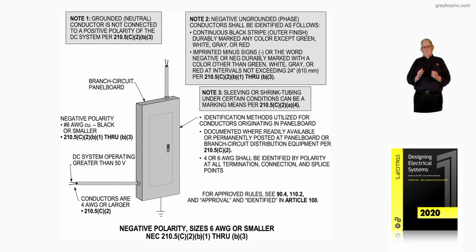So once again, it seems all through the code there is a cutoff for requirements for certain items, and for many items it is number 6 or smaller or number 4 or larger.